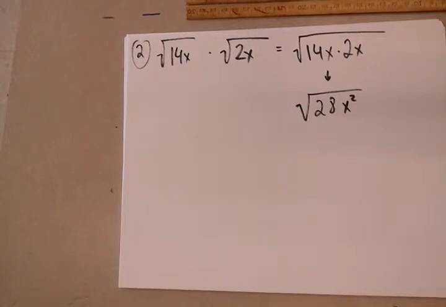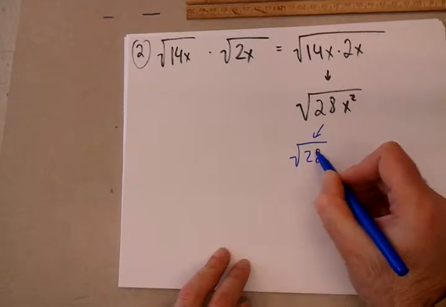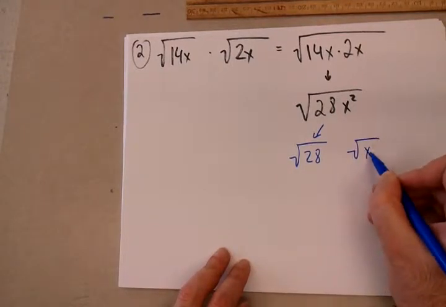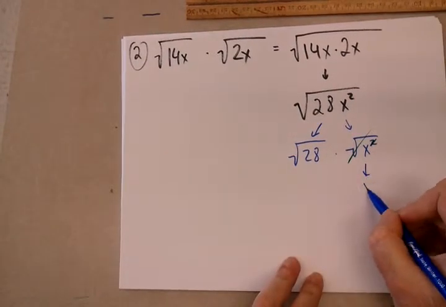Now I'm going to break them up separately into the constant and the variable. Again, the product property of radicals allows me to do this. Again, the x's to the power of 2, I can cancel that with its root. So that is done. It's just an x.